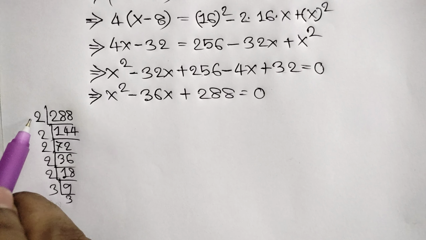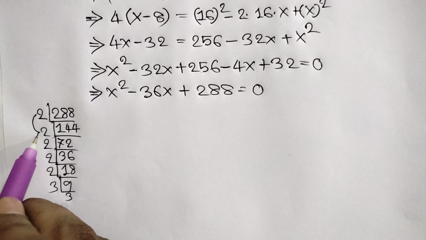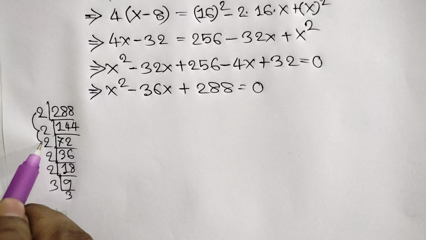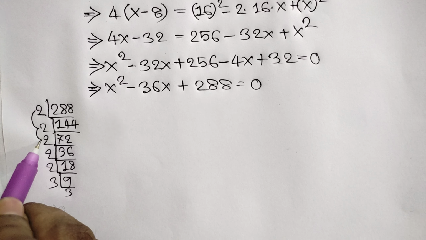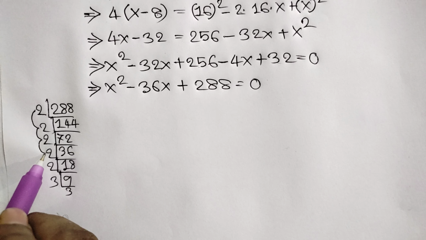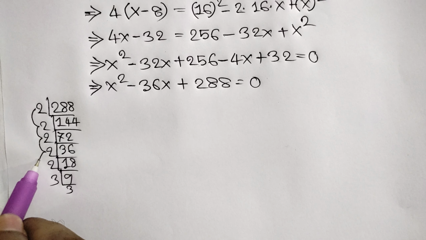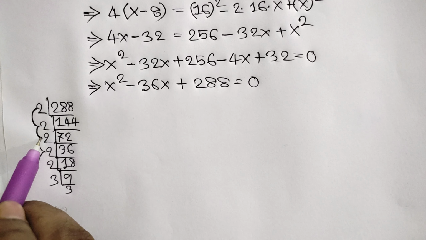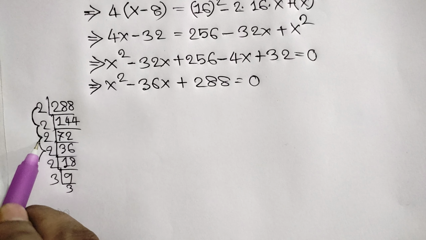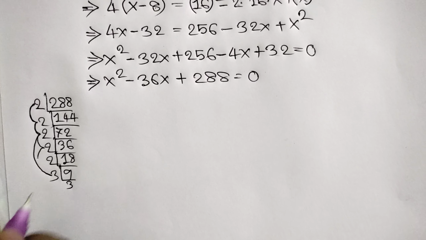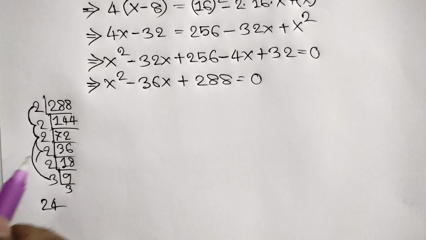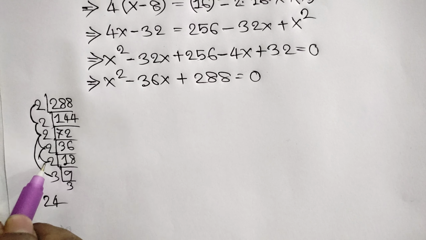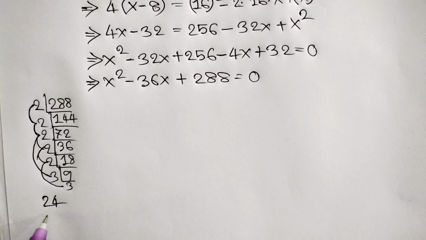So we can write 2 times 2 is 4, 4 times 2 is 8, 8 times 2 is 16, 16 times 3; 2 times 2 is 4, 4 times 2 is 8, 8 times 3 is 24, and 2 times 2 is 4, 4 times 3 is 12.